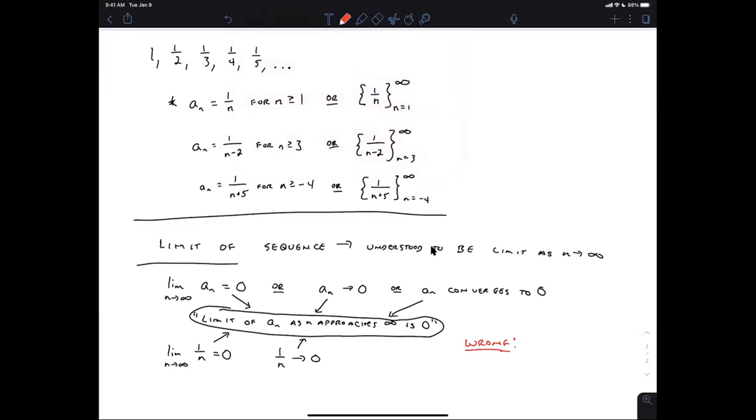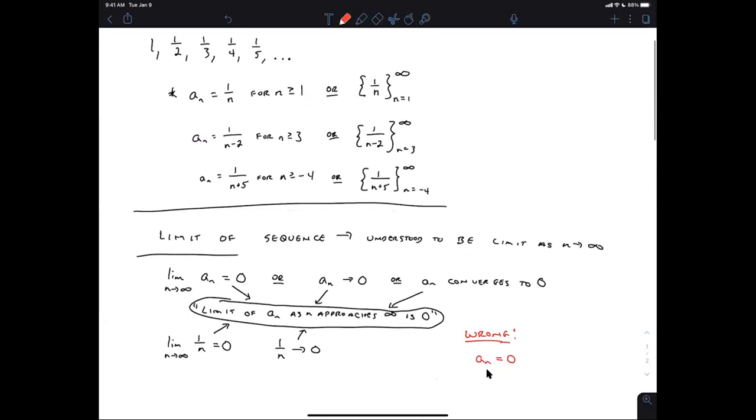It's allowed here because it's understood as n goes to infinity, but it would be wrong to write that a_n equals 0. If you want to use an equal sign, you need limit notation: the limit is equal to 0, but a_n is not equal to 0. If a_n were equal to 0, all of the terms would be 0, which is not what we're saying. Does that make sense to everybody?